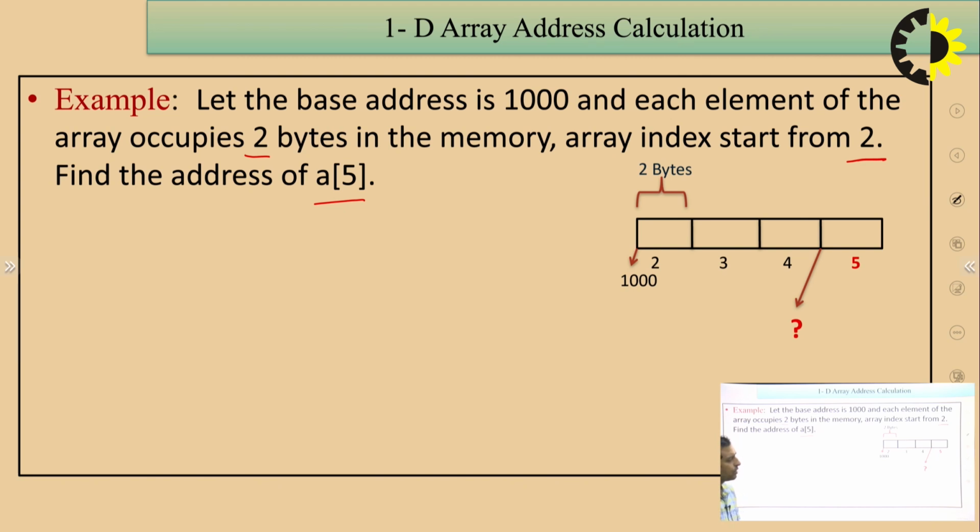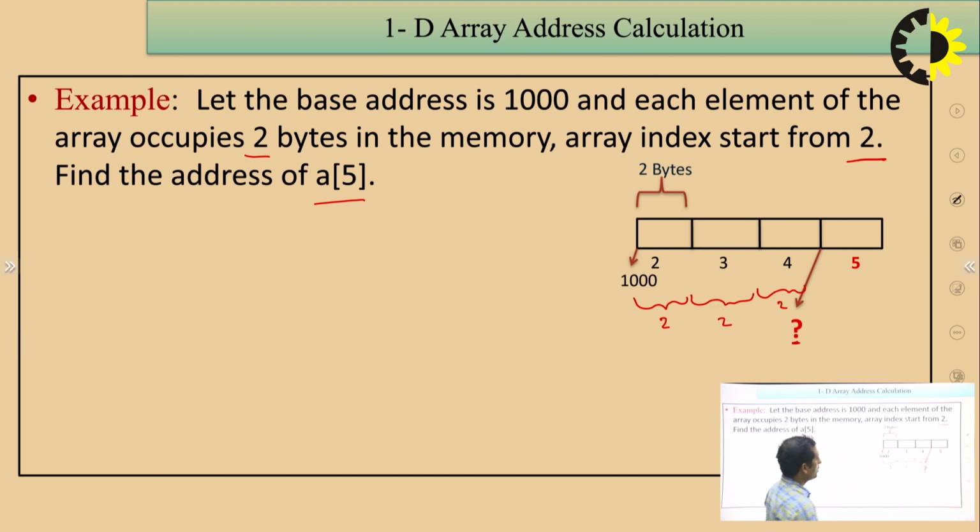So to understand, we first consider manually how to find the address of A5, meaning the starting address of the element with index 5. The word size is 2 bytes, meaning the first element occupies 2 bytes and the second element also occupies 2 bytes. Now this element also occupies 2 bytes.